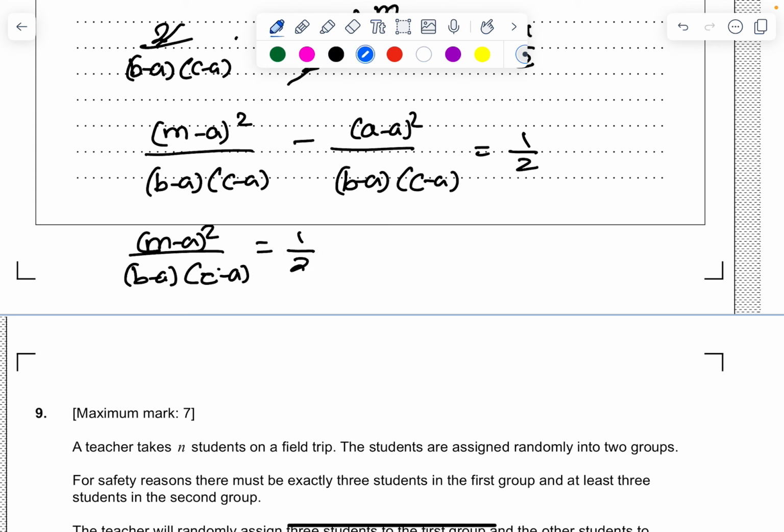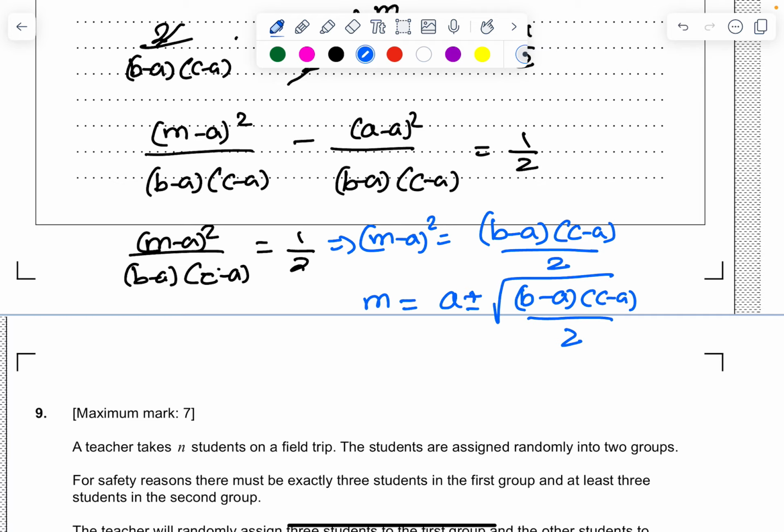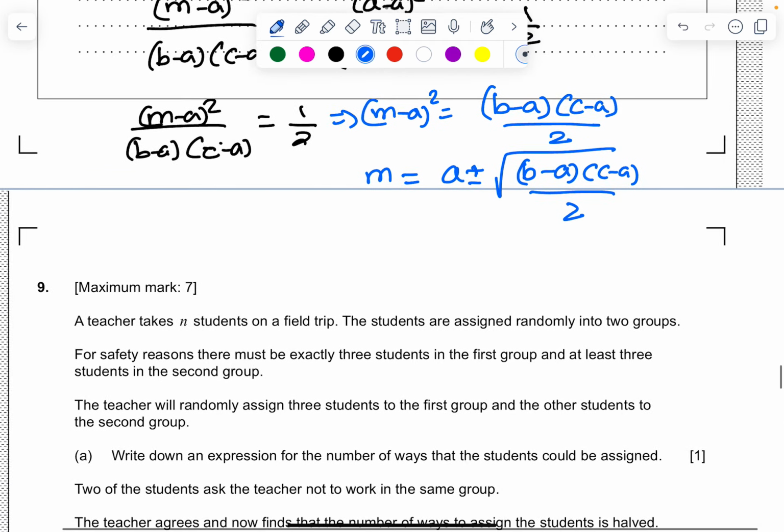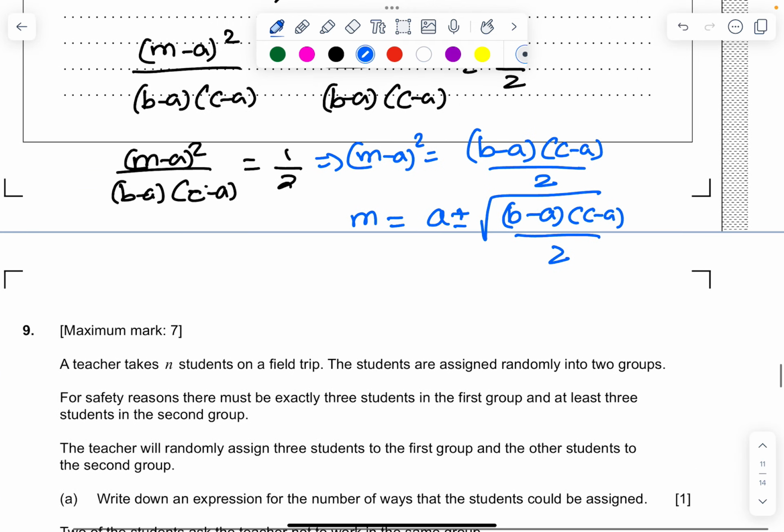So from there I get m minus a whole square equals b minus a times c minus a upon 2. So m equals a plus or minus square root of b minus a times c minus a upon 2. Now, because we know that m is greater than a, we take only the value m equals a plus square root of b minus a times c minus a by 2.